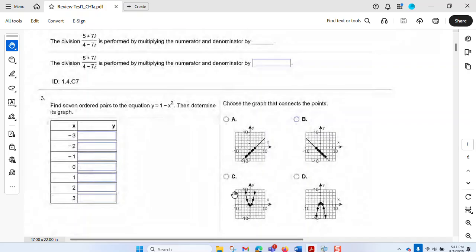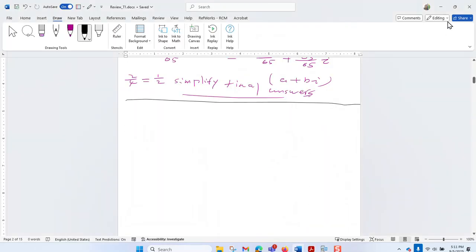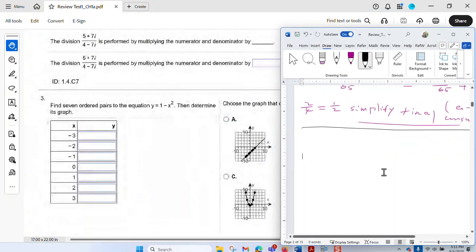I usually tell people, to tell facing up or down, look at the x squared coefficient. Even if I have 1 minus x squared, I can write this as negative x squared plus 1. These two are the same. So my coefficient a here is less than 0.